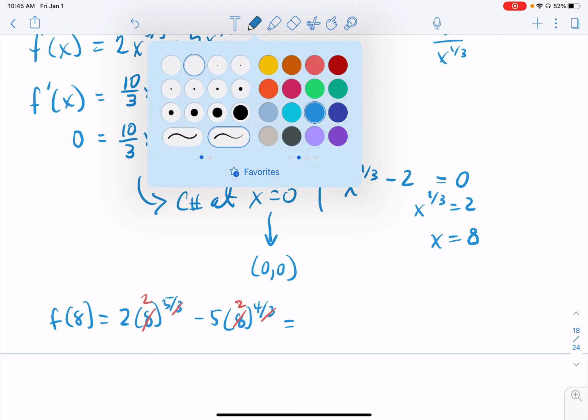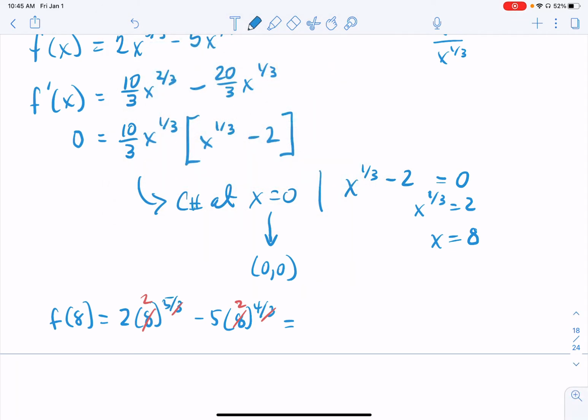You do that part first to make your number smaller. Now 2 to the 5th power is 32. 32 times 2 gives us 64. Minus 2 to the 4th power is 16. 16 times 5 is 80, which gives us negative 16. So we've got 8 comma negative 16.